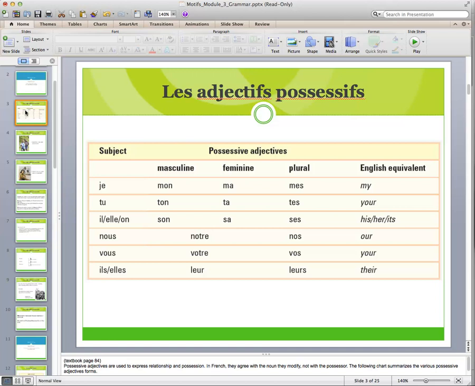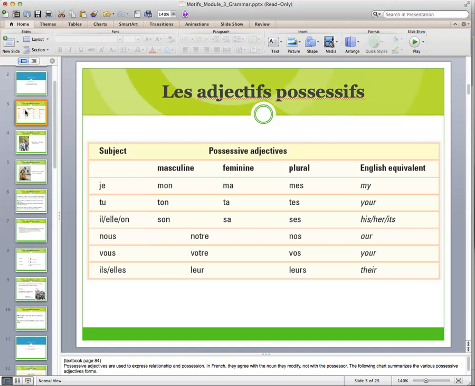The same is the case with possessive adjectives. I make the possessive adjective agree with the thing that is possessed. So what that gives us is several different ways to say the word my, or your, or his, or her, etc. Let's look at some examples.